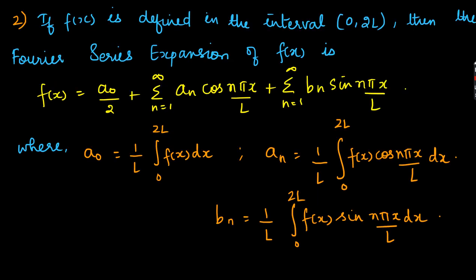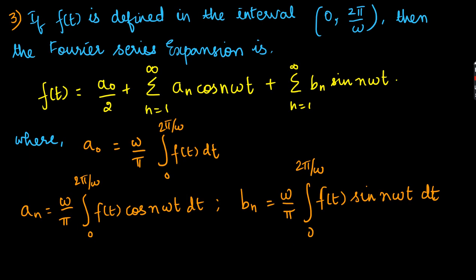If the function is defined in the interval 0 to 2L, then you can use this. The change is only in your interval. Next, if your function is defined in the interval 0 to 2 pi by omega, then your Fourier expansion also changes to cos n omega t and sin n omega t.